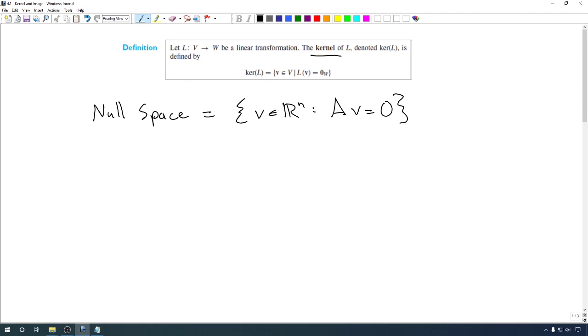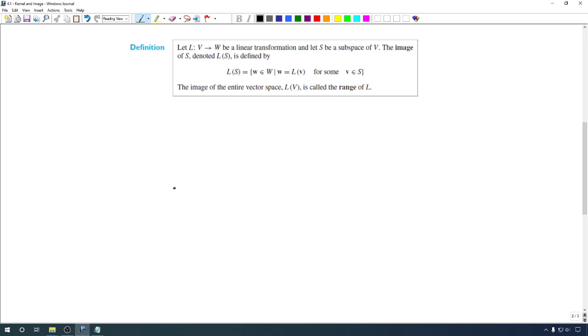But first, I also want to define the image. This one's a little bit trickier because we can actually look at the image of various subspaces.